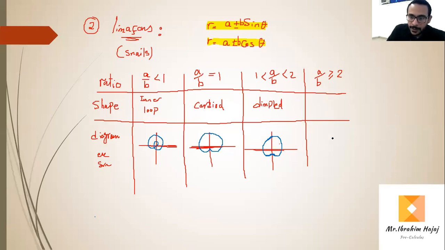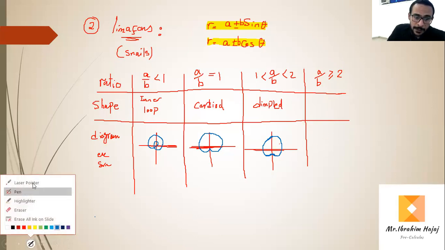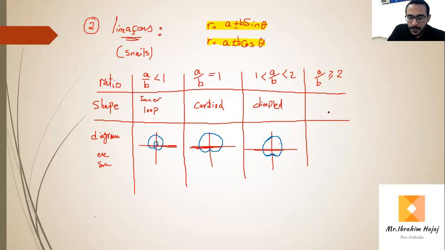And finally, when the ratio of A and B is exactly 2 or greater than 2, like 3, 4, 2.5, it's called convex. You will not find this word in the book. In the book it's not inner loop, not dimpled; it's convex.